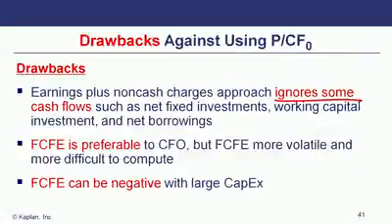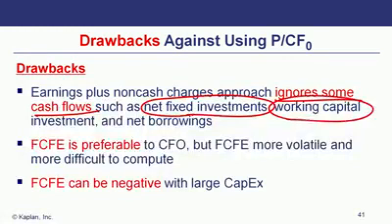The drawbacks, though, of using price to cash flow, basically earnings plus non-cash charges, is that the approach ignores some cash flows. And mainly we saw these in free cash flow to equity and free cash flow to the firm. And mainly it was what? The net fixed investments, working capital, and net borrowings. We saw these in the formulas.